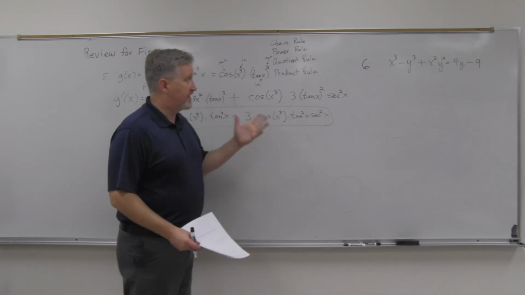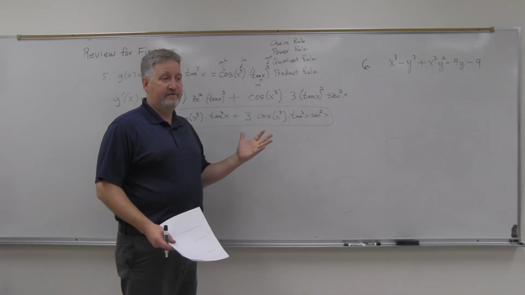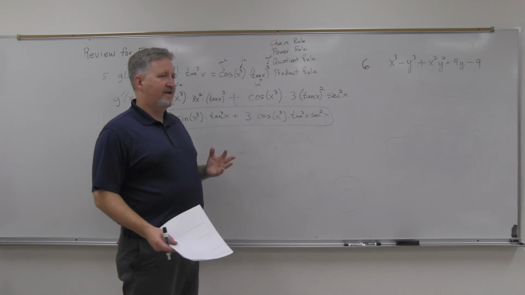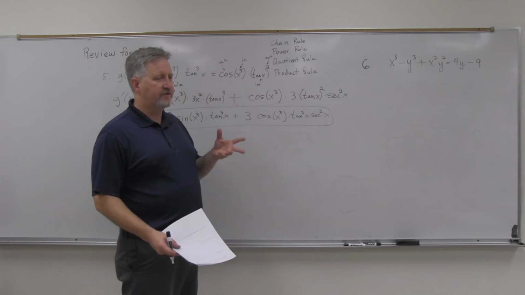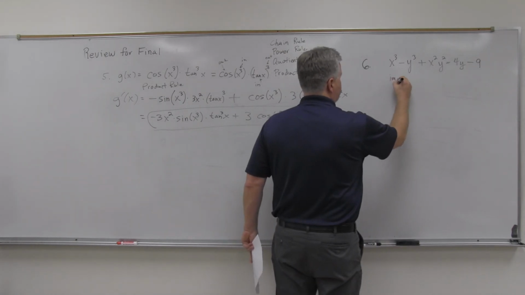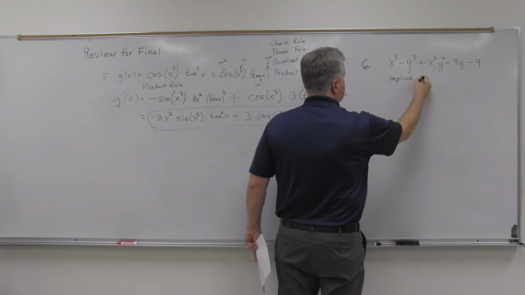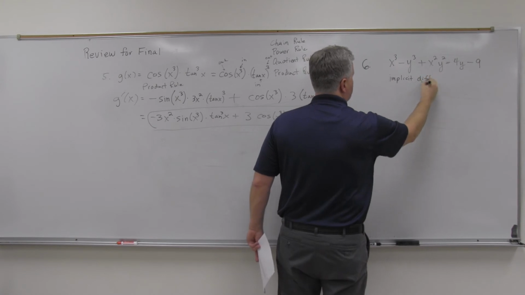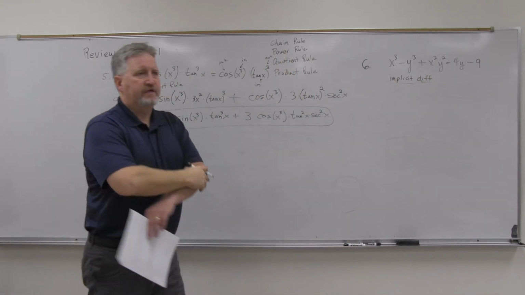However, in this case, we have a much more complicated equation, and so we used a little different technique on those. Remember what we call that? The implicit differentiation. Implicit differentiation.